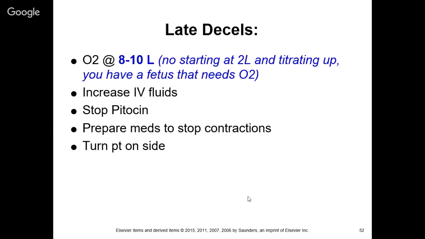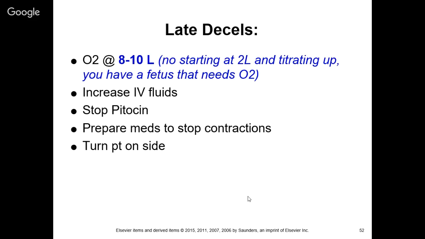Late decelerations, remember: oxygen for the fetus, 8 to 10 liters. O2, 8 to 10 liters, increase fluids, stop the Pitocin. If the contractions are causing the infant's heart rate to go down, you need to stop those contractions, and Pitocin is augmenting or increasing contractions.